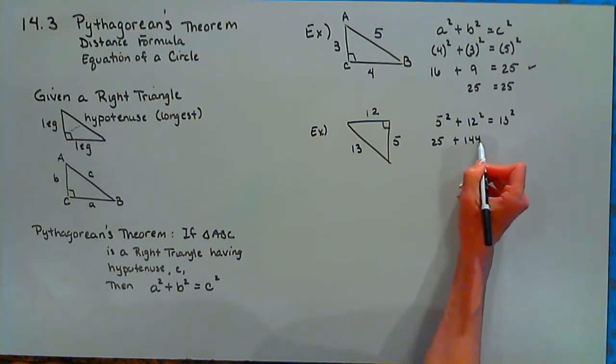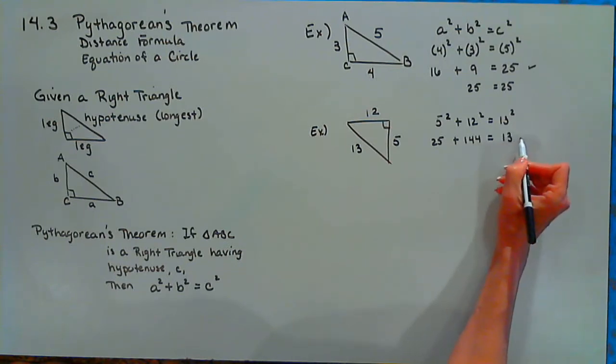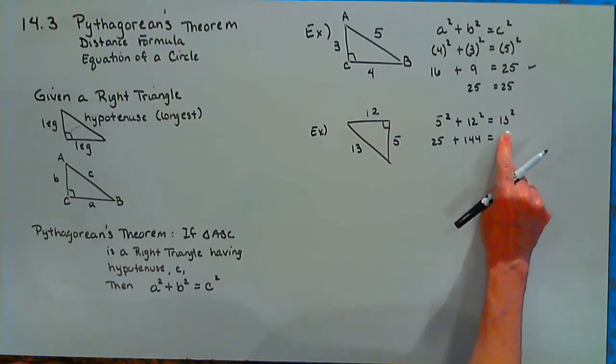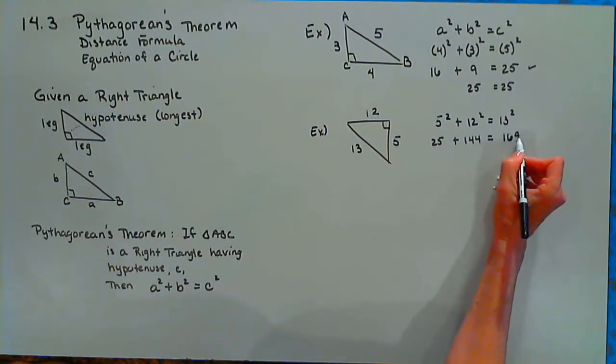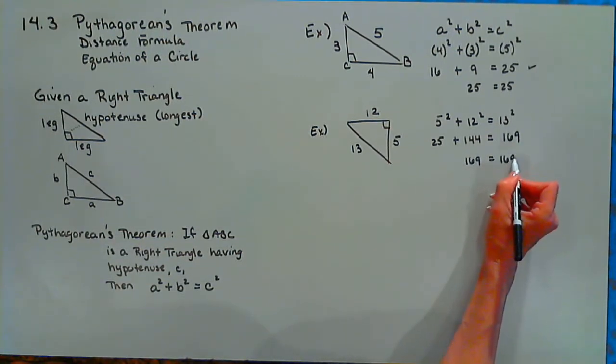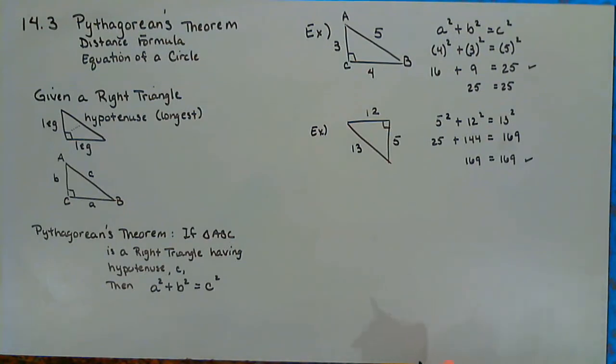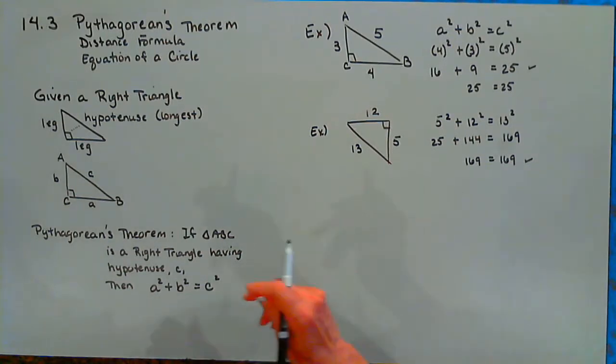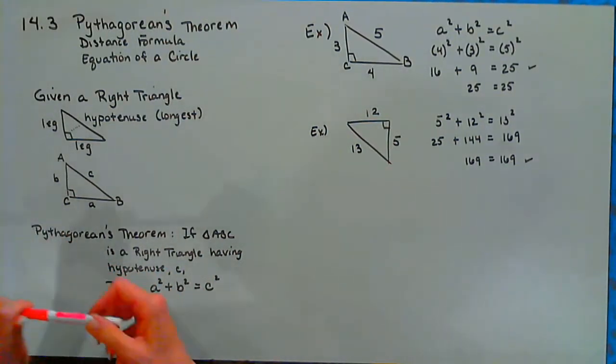25 plus 144. 13 squared is 169. So sure enough, you'll notice that these are nice whole integers. They're nice whole numbers. So those are what we call Pythagorean triples.